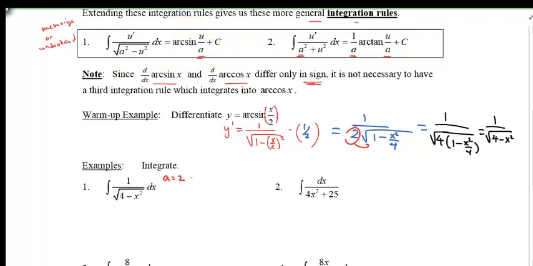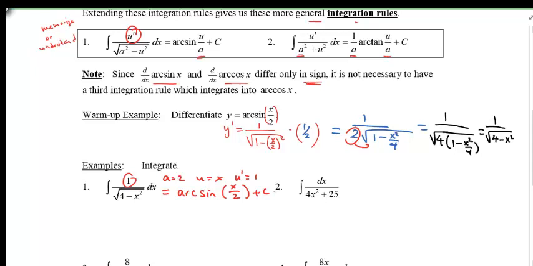My u value would be equal to x, since u squared and x squared look the same. And just to double check, u prime of x is just 1, which definitely equals the top. If these things are satisfied, I can just use the formula from above and say the answer is arcsine of u, which is x over a, which is x over 2, plus c. Done.